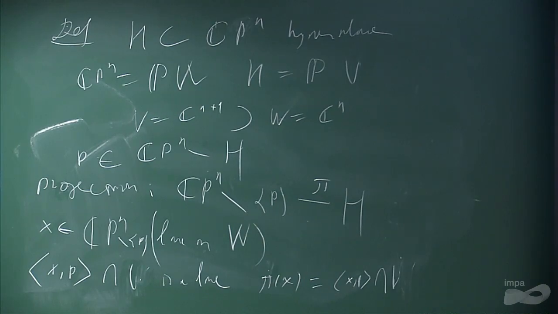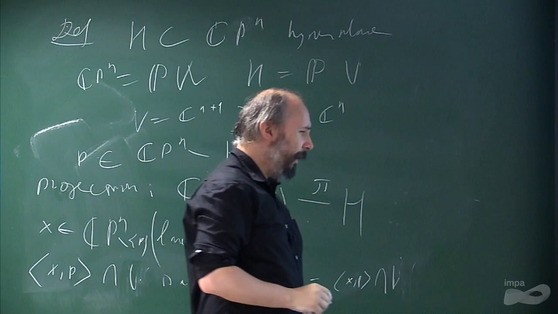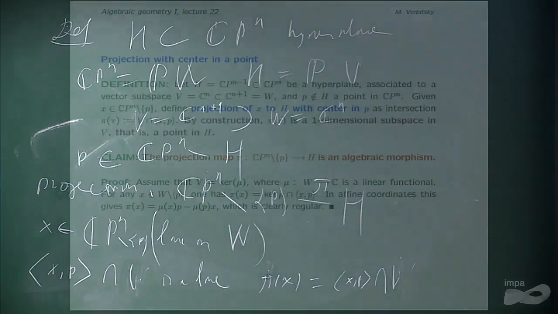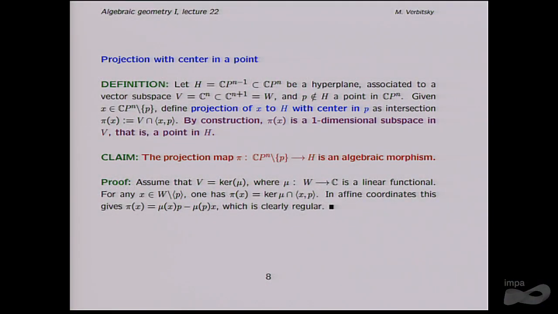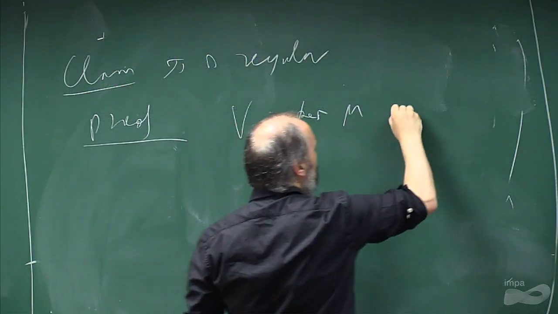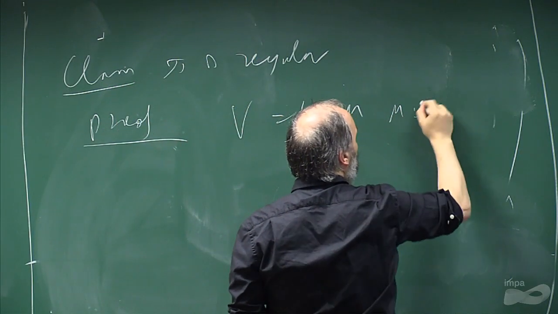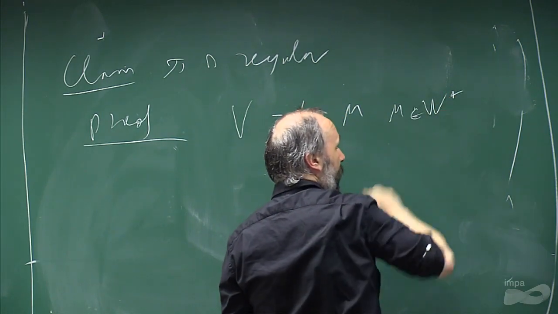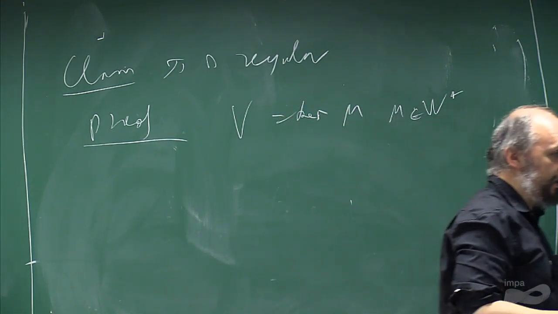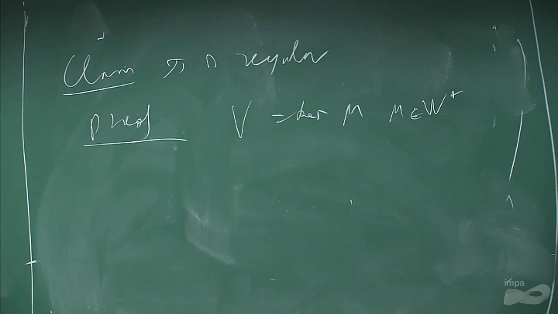So you have V. This is our hyperplane here. It is the kernel of mu, where mu is a linear map. So it belongs to W star. I mean, every hyperplane is defined as the kernel of a linear map. It's not a big deal.